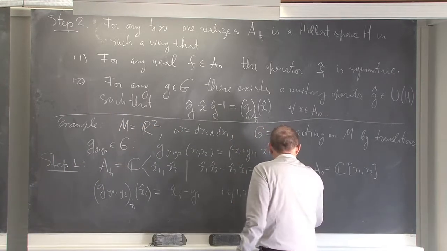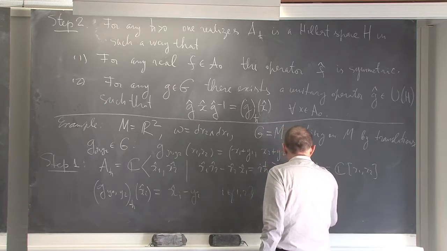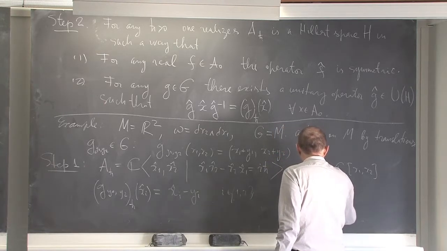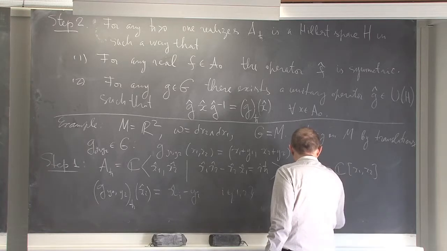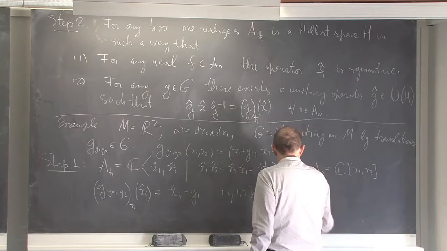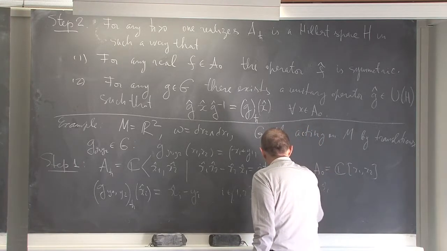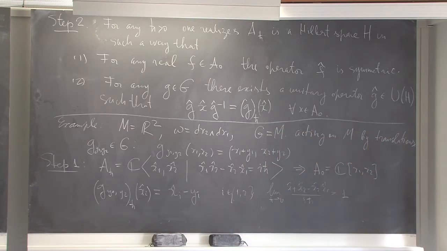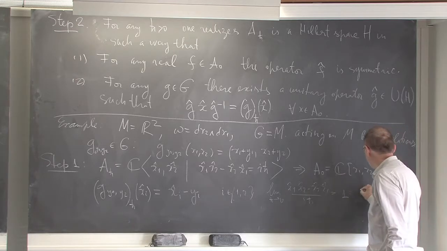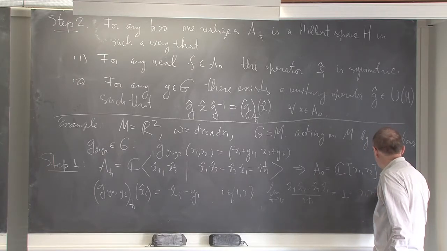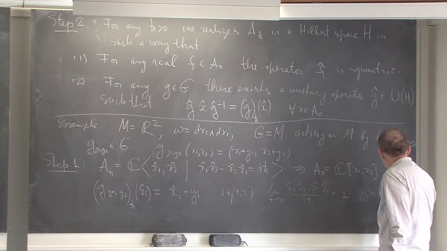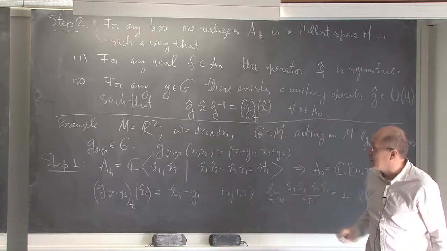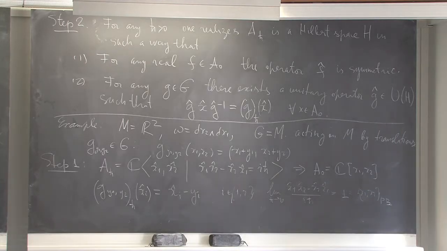And now what we check is this: x1 hat x2 hat minus x2 hat x1 hat divided by I times h bar. This is h bar independent, but anyway, by definition this is 1, which is the Poisson bracket of x1 x2, which we calculated in the previous example.